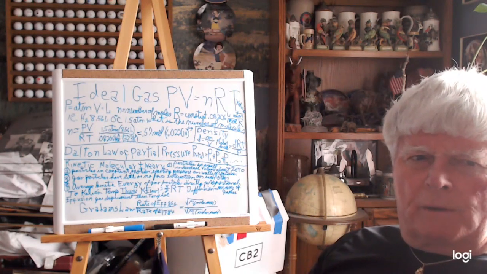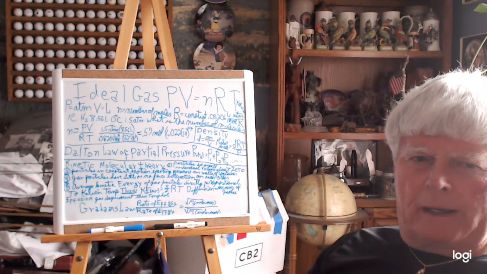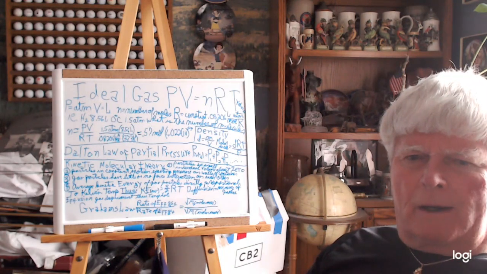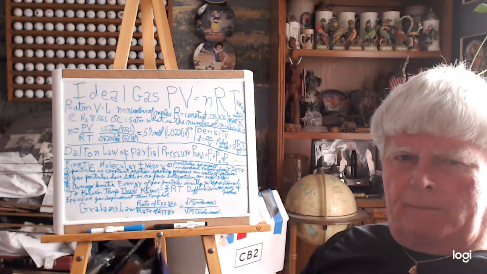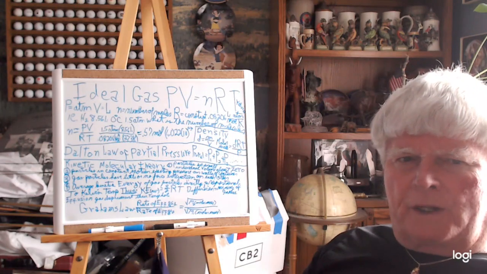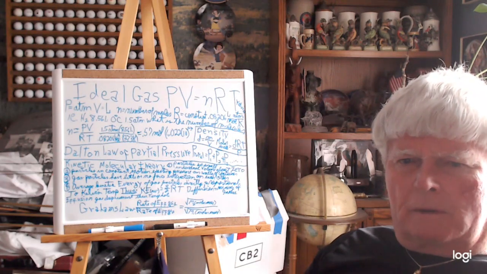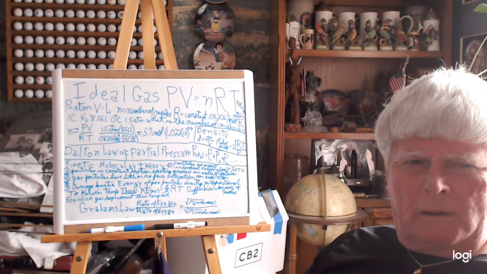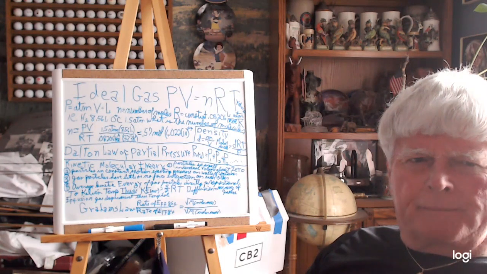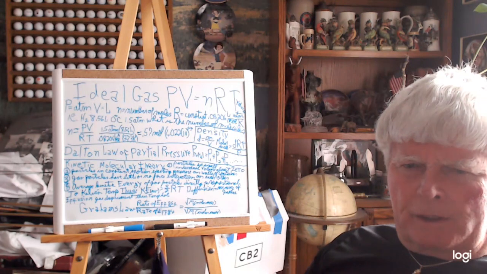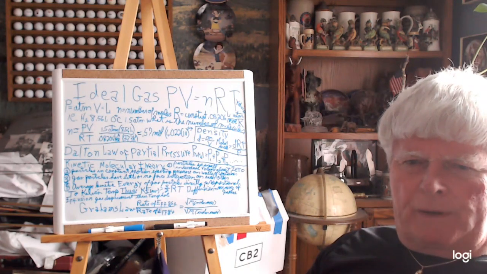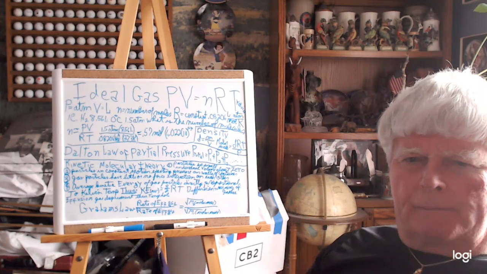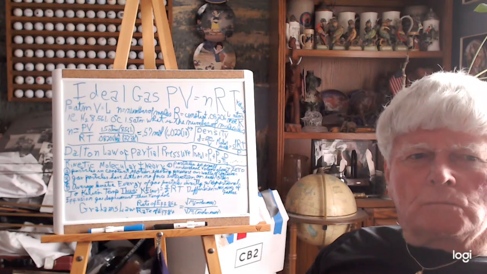R is 0.08206, the universal gas constant, in liter atmospheres over moles Kelvin. And the temperature is in Kelvin. So we will probably always convert the temperature given in centigrade or Fahrenheit to Kelvin.